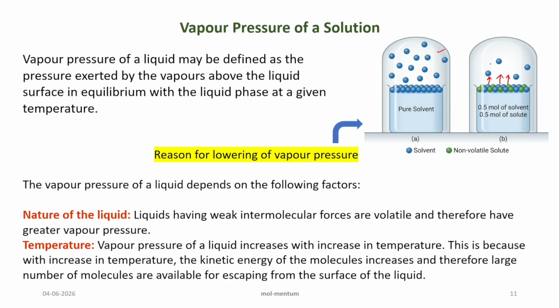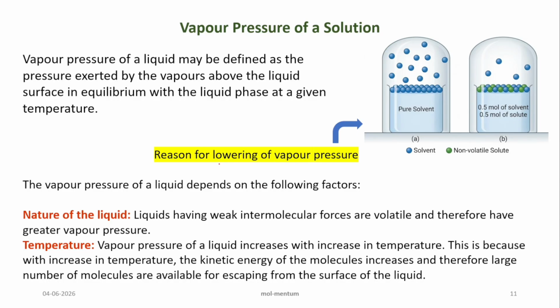Why is there a depression in vapor pressure? Because we are adding non-volatile solute, which does not evaporate. They remain at the surface, hence there is a decrease or depression in vapor pressure. This is called lowering of vapor pressure, as it is termed in NCERT.